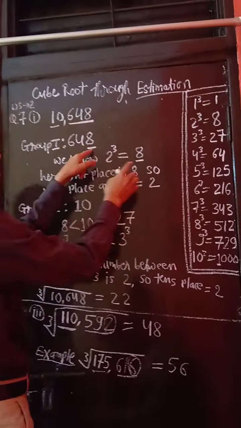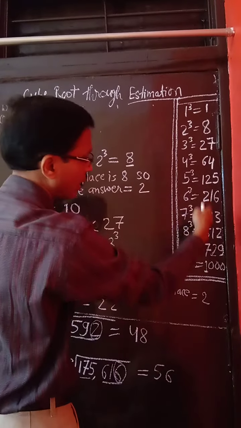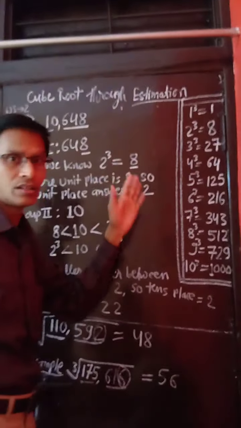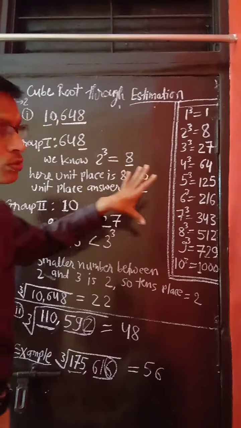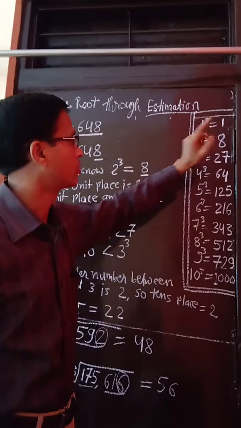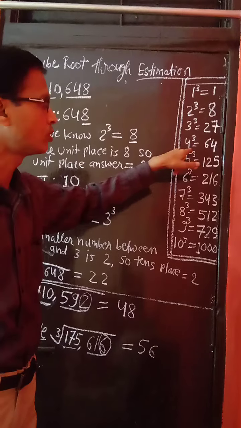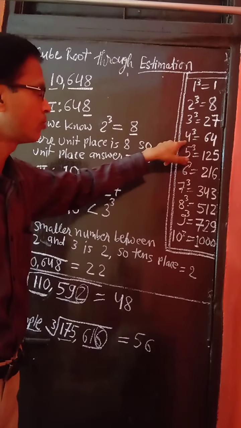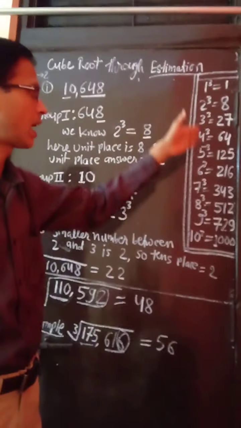This chart will help us: it is the cubes of the numbers from 1 to 10. This you should know, then only you can solve this method. 1 cube is 1, 2 cube is 8, 3 cube is 27, 4 cube is 64. How do we get this? For example, 4 cube means 4 into 4 into 4. 4 fours are 16, 16 fours are 64, this way.